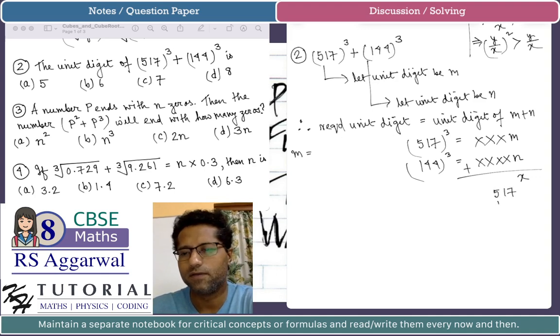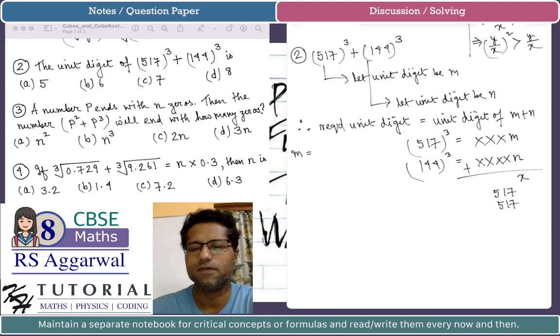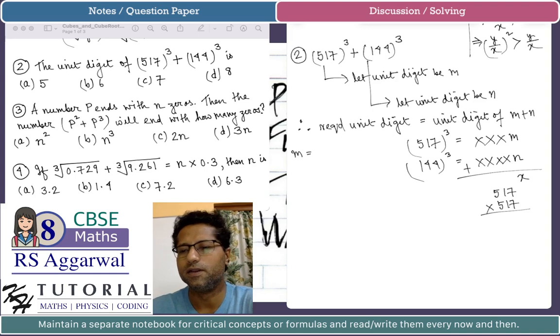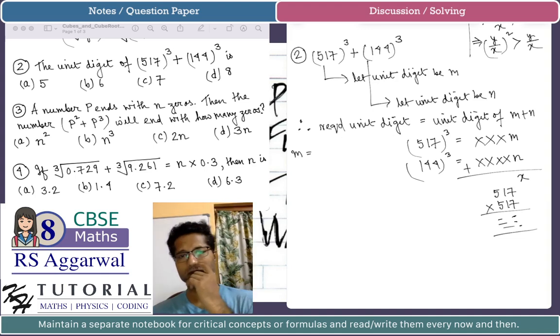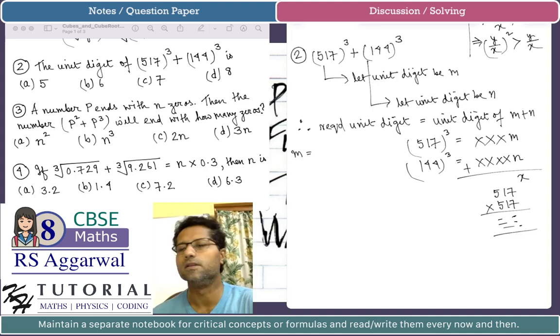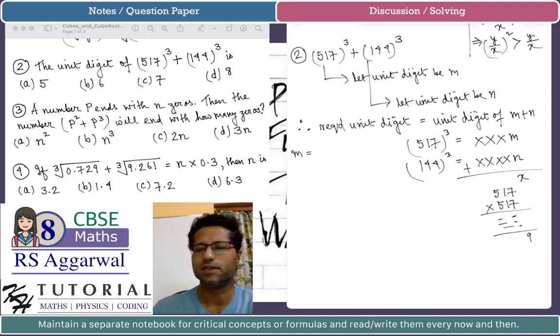If you multiply 517 by 517, the unit digit of the result will be 9, because 7 into 7 is 49.